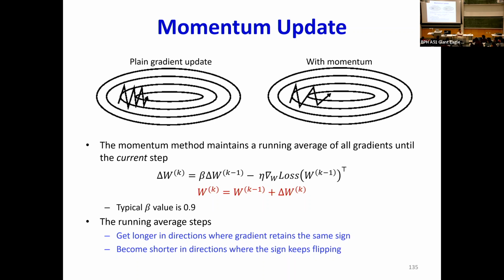And the running average is simply like saying, x_k equals x_{k-1} plus the new term, right? So here, delta w_k equals some beta times delta w_{k-1} minus whatever step you would recommend based on the latest derivative. You compute this running average, and the actual update is performed using the running average. Is this making sense? Right? It's an easy method.